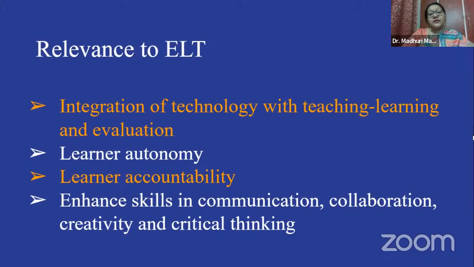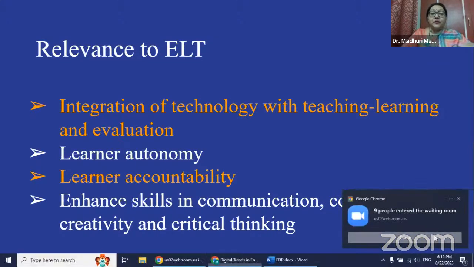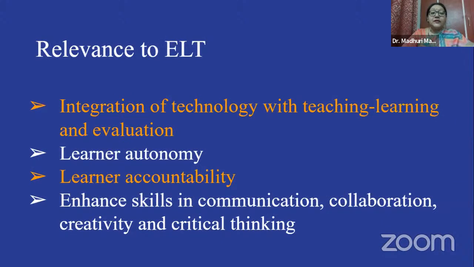Now, how is it relevant to the teaching of English? When we integrate technology into teaching, learning, and evaluation, there are some basic purposes for which we are trying to include these. First of these is learner autonomy. What do we mean by autonomy?